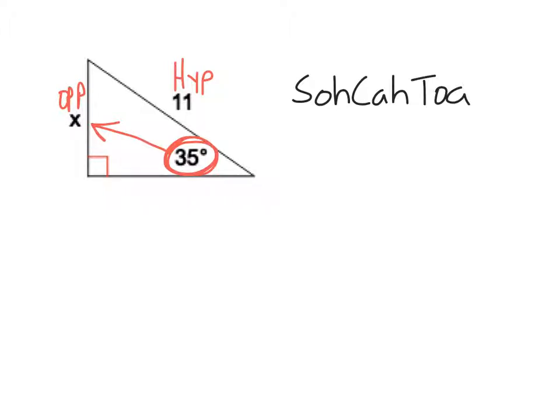So looking at SohCahToa, opposite is either going to be sine or tangent, not cosine, and hypotenuse is just in the sine, not the tangent. So I'm going to be using sine. Sine is opposite over hypotenuse. Well, unlike our previous problems, I know the angle.